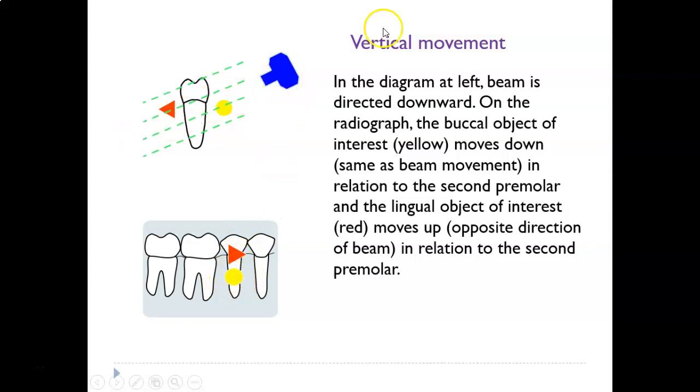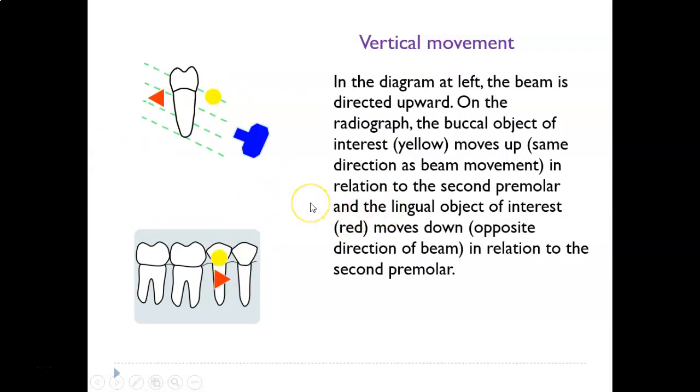So if your central rays are now pointing down, the buccal object will also move down in the image. And just opposite of that, if you angle your BID and your central ray up, then all the central rays are going up through the tooth. The buccal image is going to move up in the image, and the lingual will move down in the image.